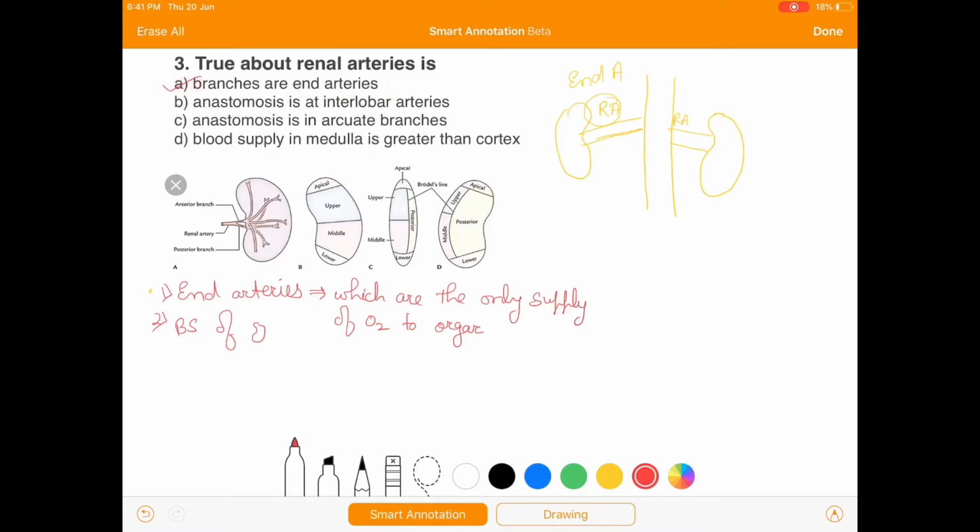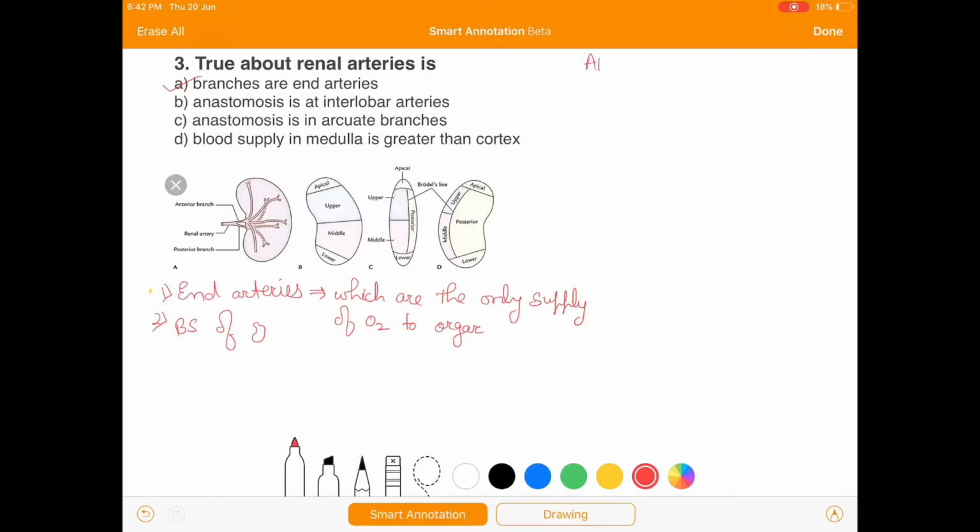But finding the answer is okay. We need to know the whole concept of blood supply of kidney. So I'll take this figure out and I will show you the blood supply of kidney in detail.